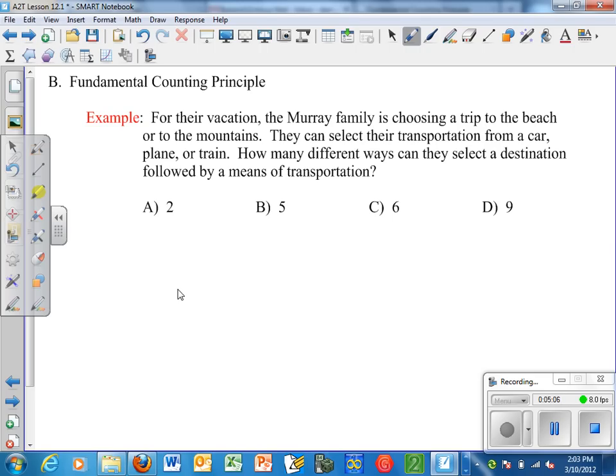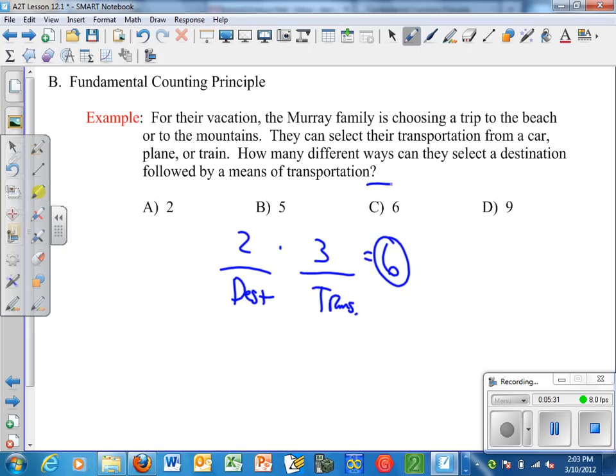So, destinations, either going to the beach or to the mountains. So there are two. And then we're going to multiply that times how many choices we have for transportation, and they can either go in a car, plane, or train. That's 3. So the fundamental counting principle says I multiply those two together, which would be 6.